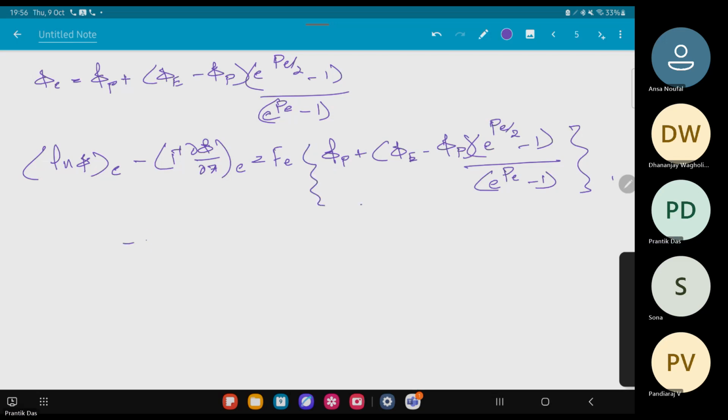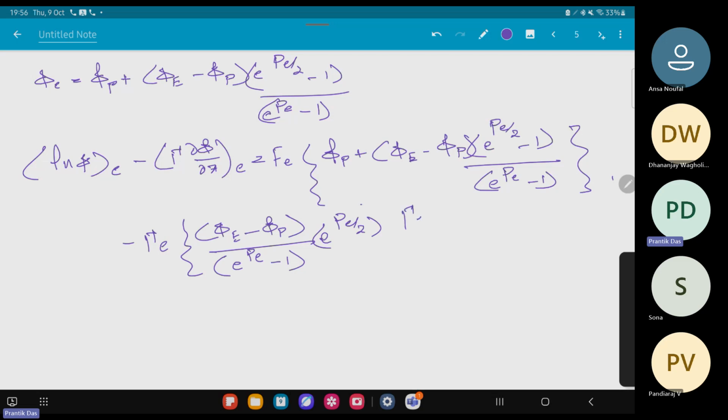Minus gamma e. So this is going to be phi e minus phi p divided by exponential of Peclet number minus 1, times exponential of Peclet number divided by 2, and then going to the derivative of, so this is Fe delta x e.